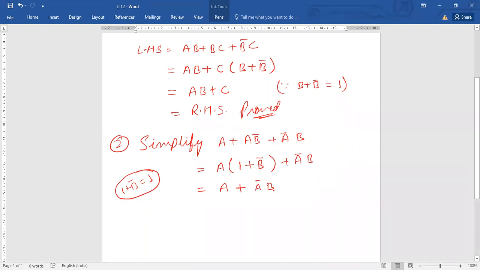Now what can we do now? Anybody? Sir, we can write a as a dot a. Write a dot a. Now what will we take common?